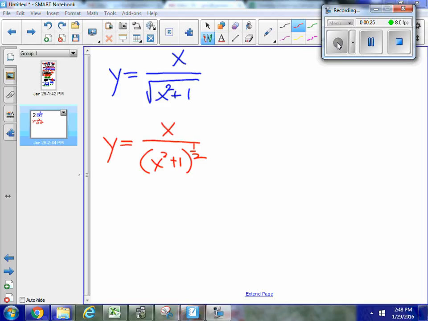And I have a quotient, so I'm going to use the quotient property, u prime v minus u v prime over v squared.